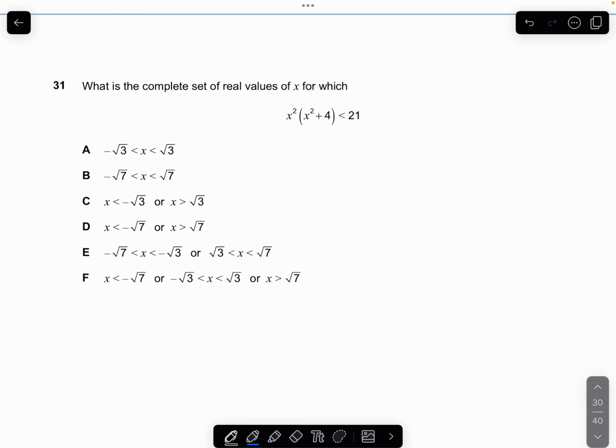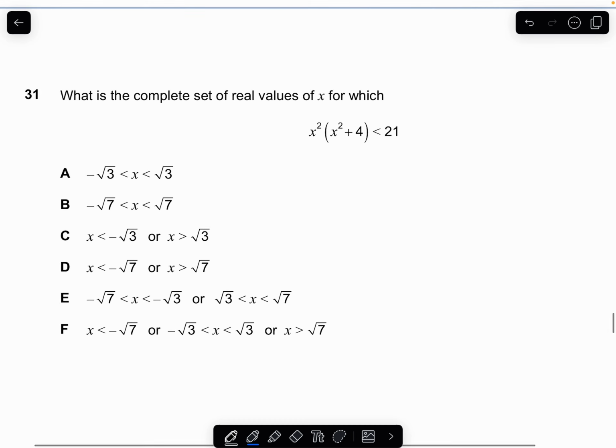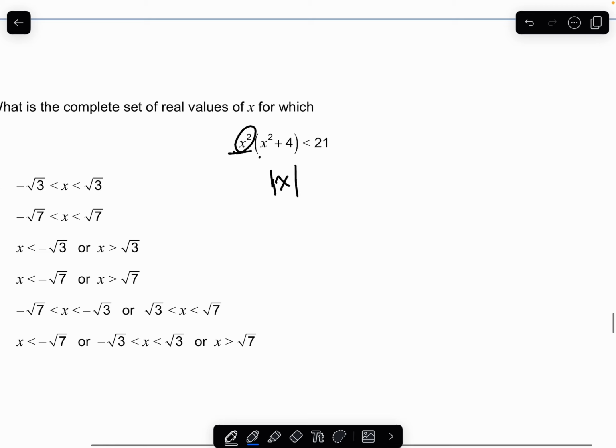Complete set of real values of x for which. So the first thing I need to consider is the absolute value of x, because it only contains x squared. So I just need to consider x bigger than 0.